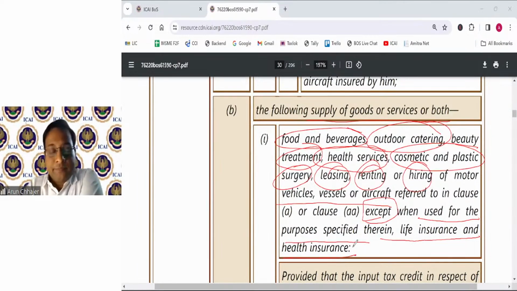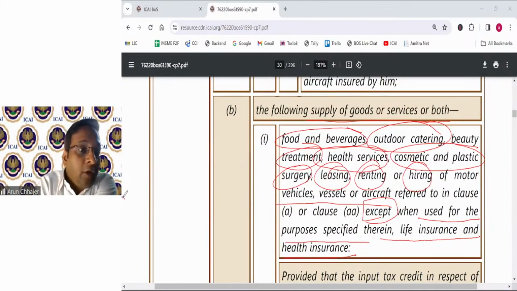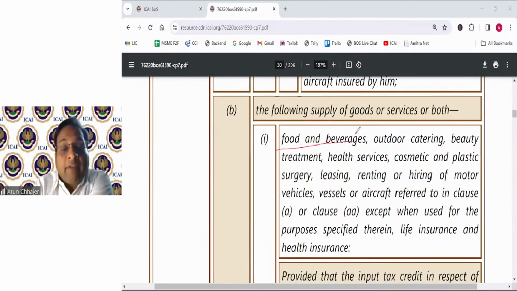What does it mean? It says that if you incur the expenditure on these items, we will not give the ITC. No problem. What are the items? Food and beverages. If we incur the expenditure on food and beverages, even though it is business expenditure, no ITC. Outdoor catering, same.